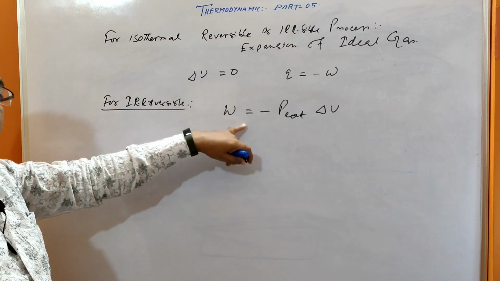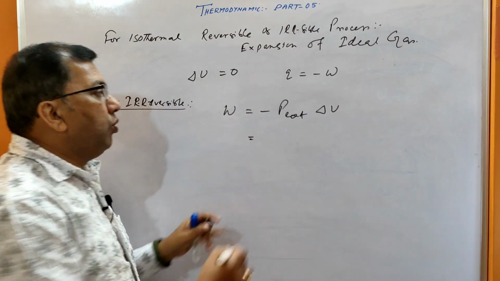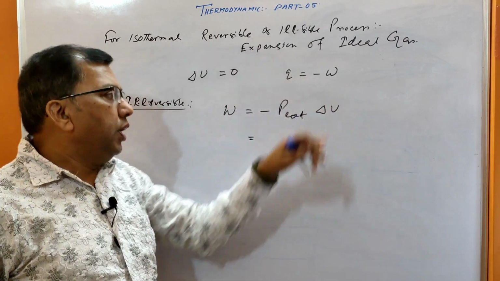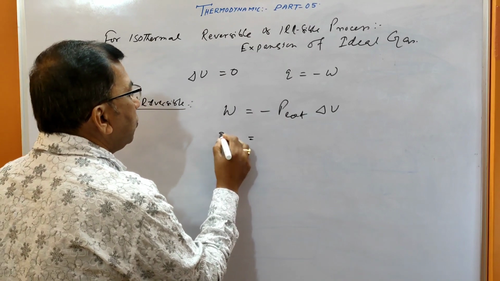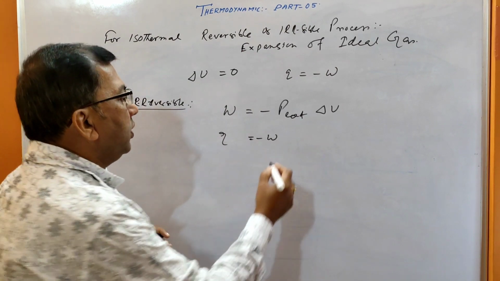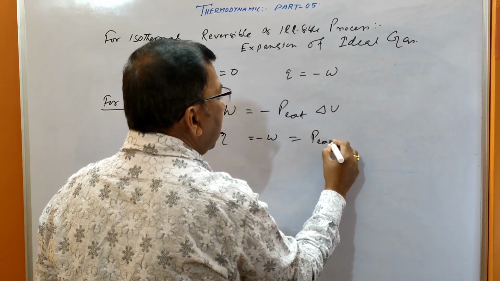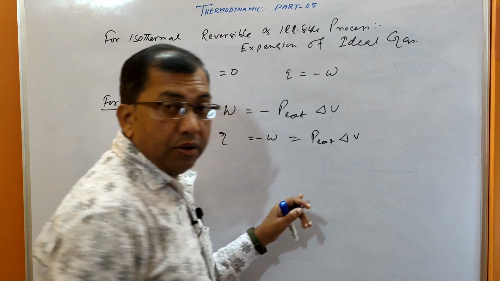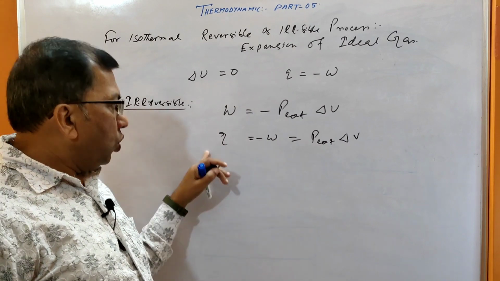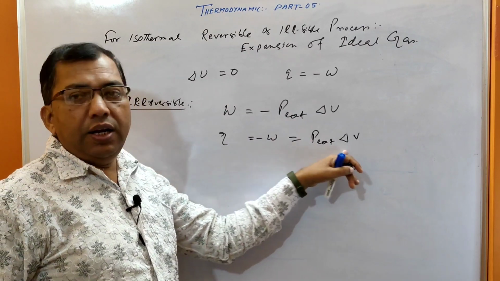In this case Q equals minus W, that means W equals minus Q. So Q equals minus W, which equals plus P external delta V. Done?